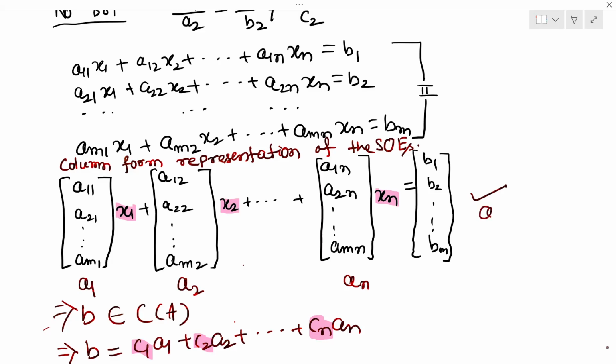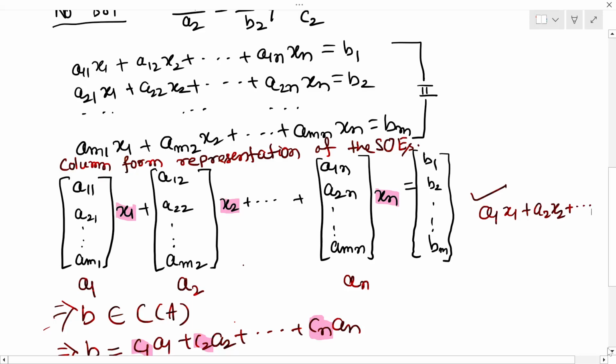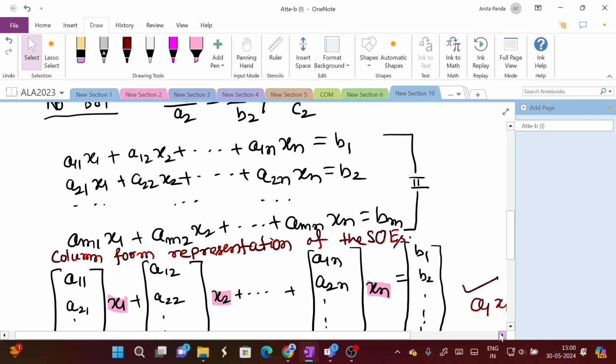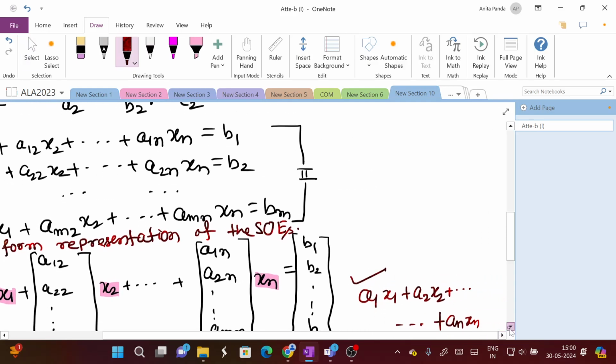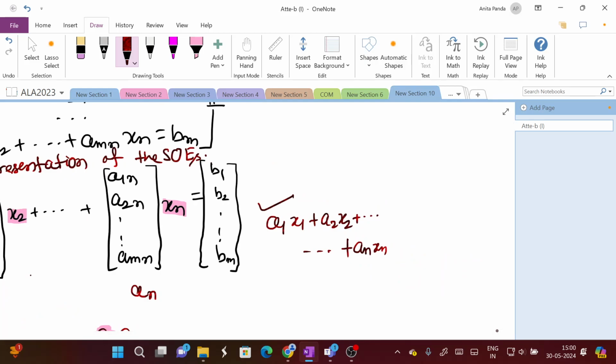In short form it is a1x1 + a2x2 and so on, plus anxn is equal to b. The RHS vector is b.